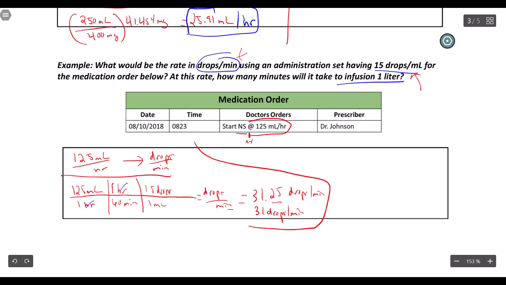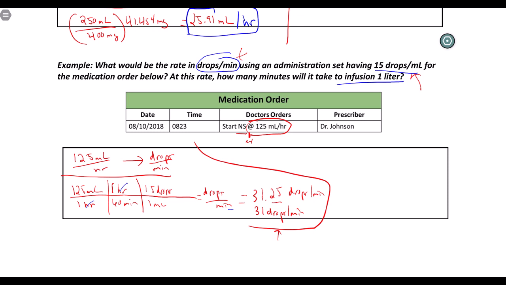Second thing that we're going to do is it asks us at this rate, so at 31 drops a minute, or at 125 mLs per hour, it's the same thing, right? Using that IV set, how many minutes will it take to infuse 1 liter?